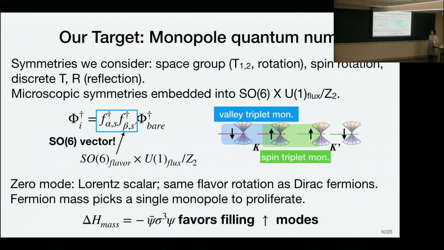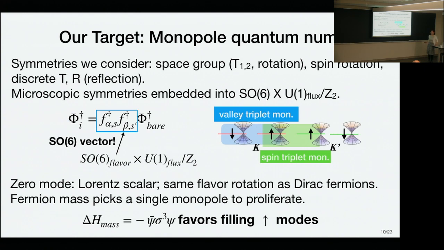So the monopoles that fill in these two spin up zero modes are favored. Namely, in this case, the monopole that gets proliferated carries a spin z density. And straightforwardly for all the other masses, they are all connected by this SO6 adjoint representation.